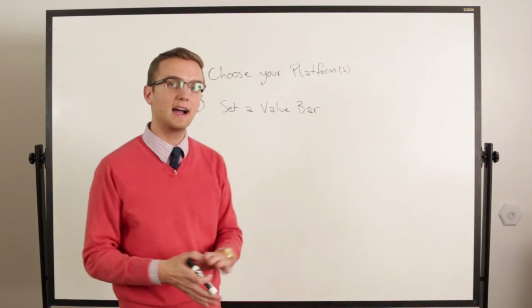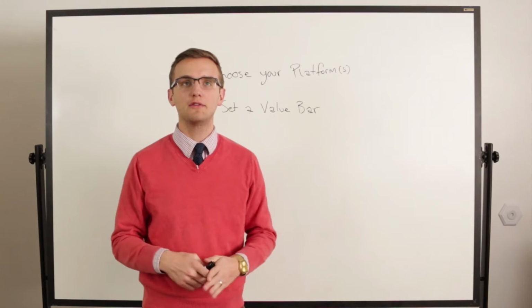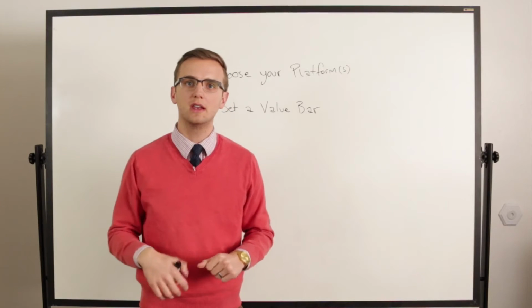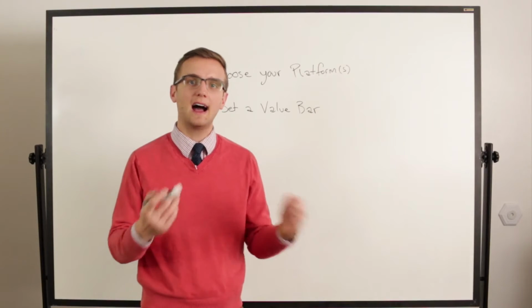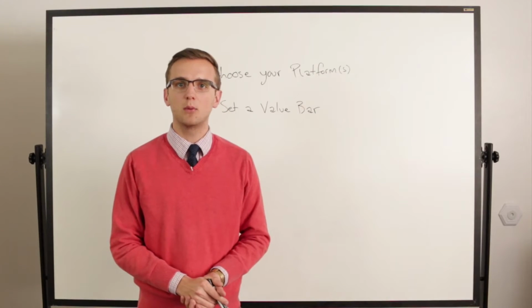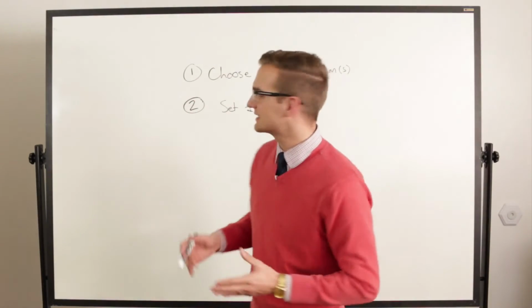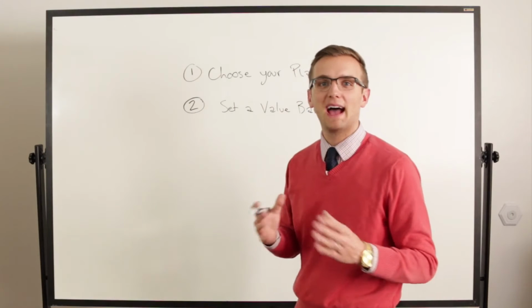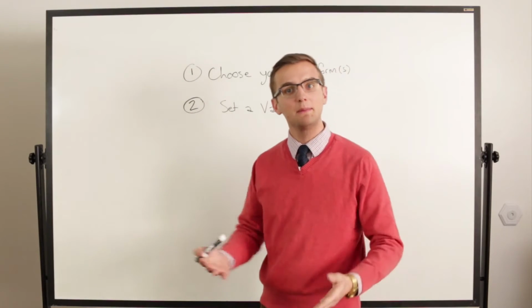The value bar that I try to set is, am I adding value? If I was scrolling down my news feed and I got to this post, would this be something that I would be interested in reading more about? The network marketing industry as a whole, it sometimes gets a bad name, especially on social media as well, because it gets spammy sometimes.